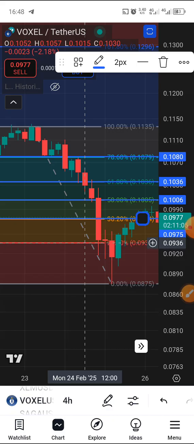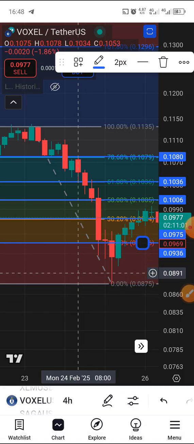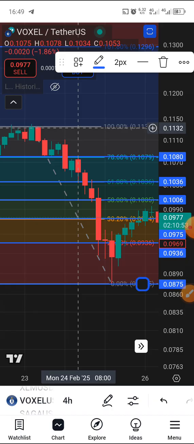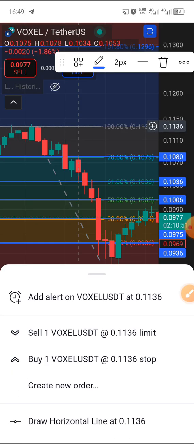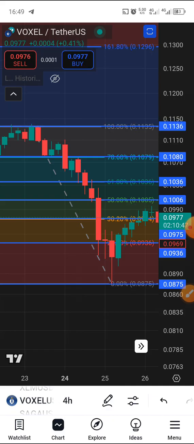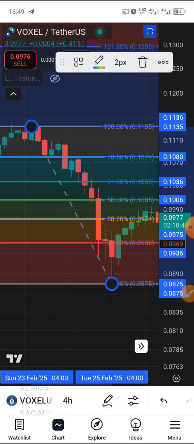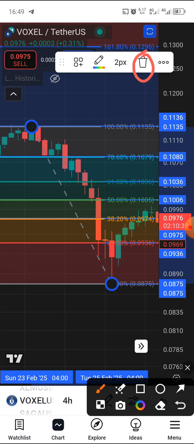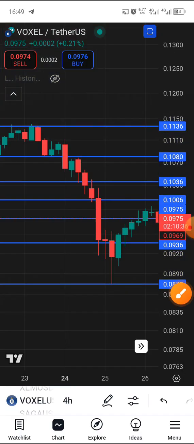So I think let me end with this line here. Let me draw all of the lines. After drawing there, you can remove this Fibonacci. You tap on it, then come to the dustbin icon so that you can delete it.